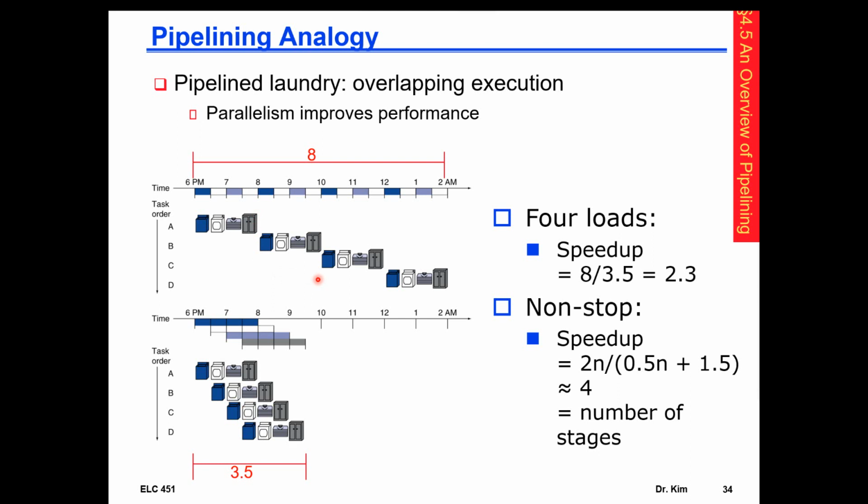But the pipeline concept is that you still keep all the resources available, but you keep them occupied at a higher clock rate, which would be a single slot here, and you keep all the resources busy on every clock cycle.